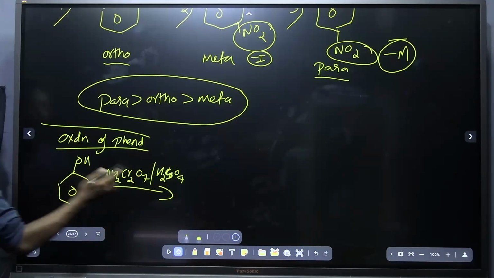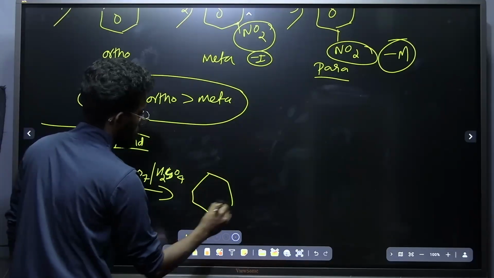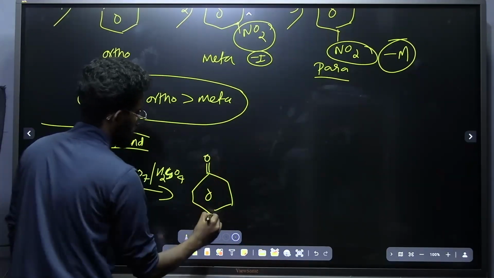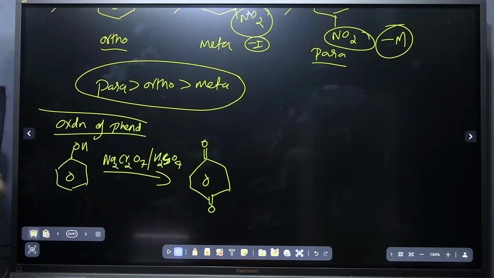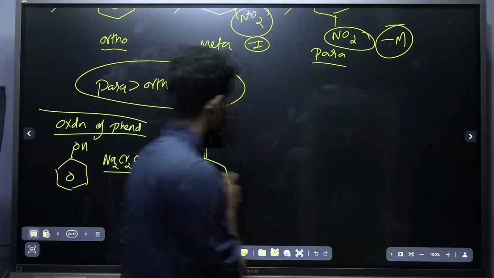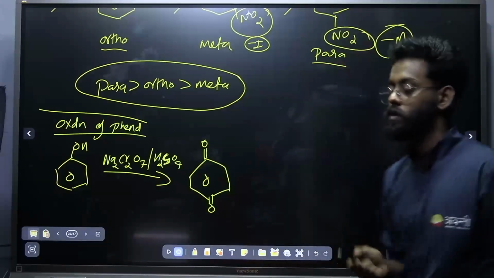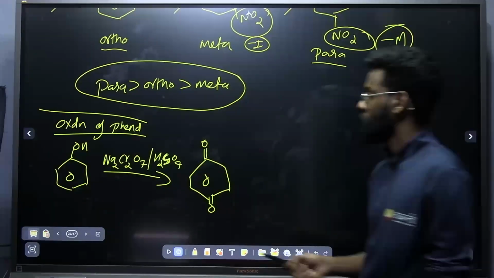The phenol will be oxidized to benzoquinone, parabenzoquinone. Note down this oxidation reaction of phenol. This came in the previous year NEET exam. Okay, moving to the comparison.